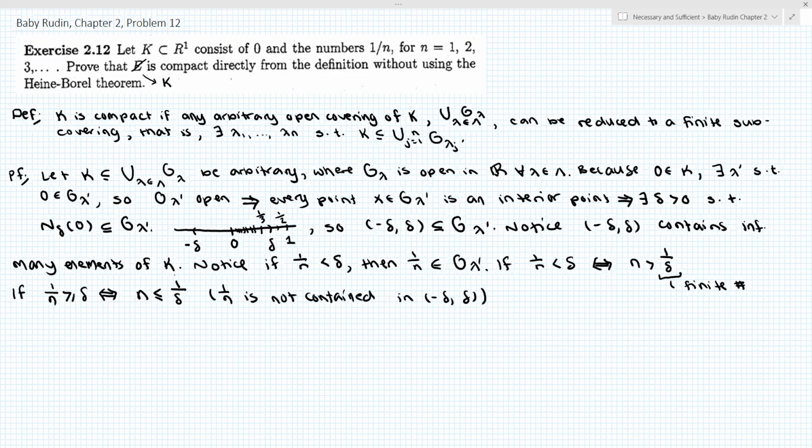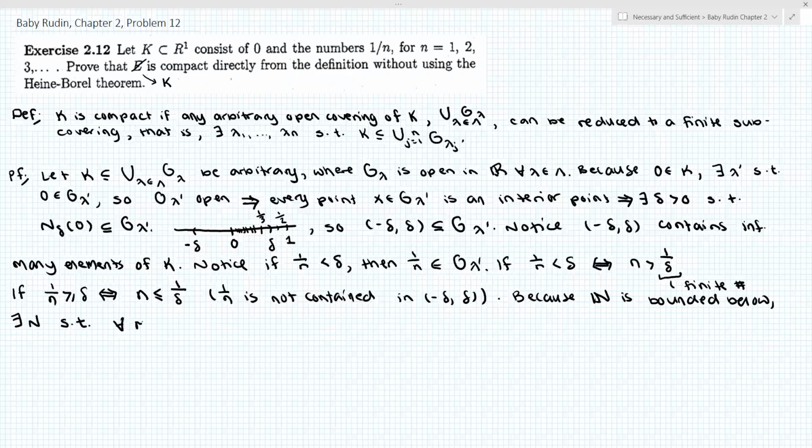So if n is less than or equal to 1 over delta, we'll recall that the natural numbers are bounded below. So because natural numbers are bounded below, there exists some capital N such that for all m greater than N, m is greater than 1 over delta.